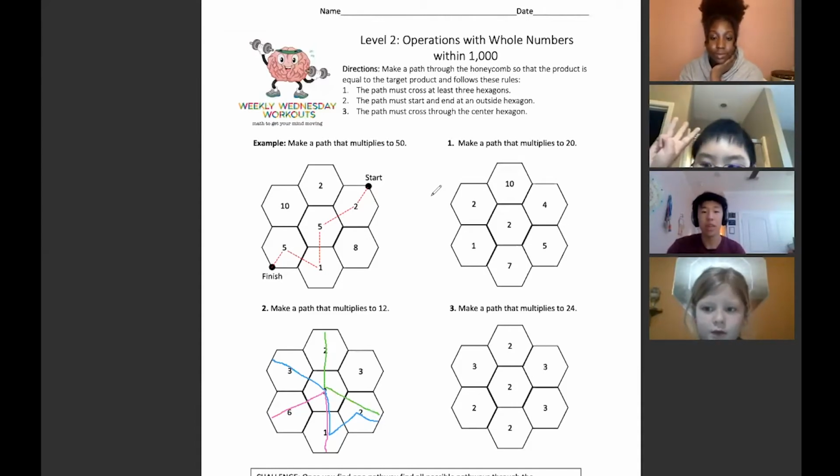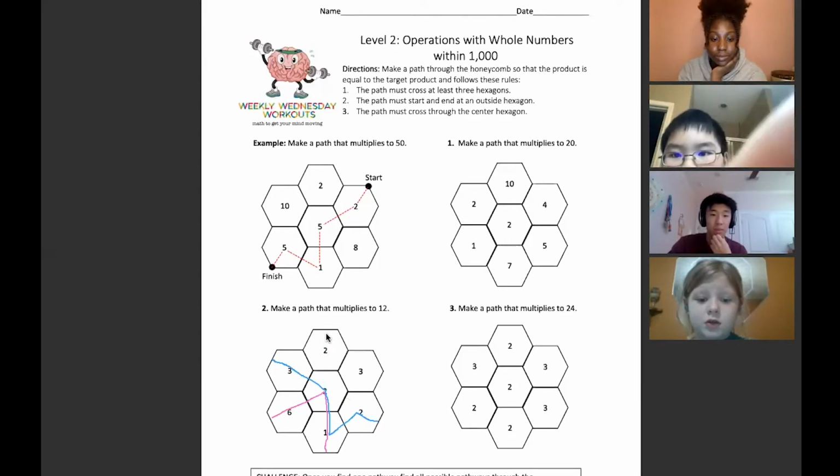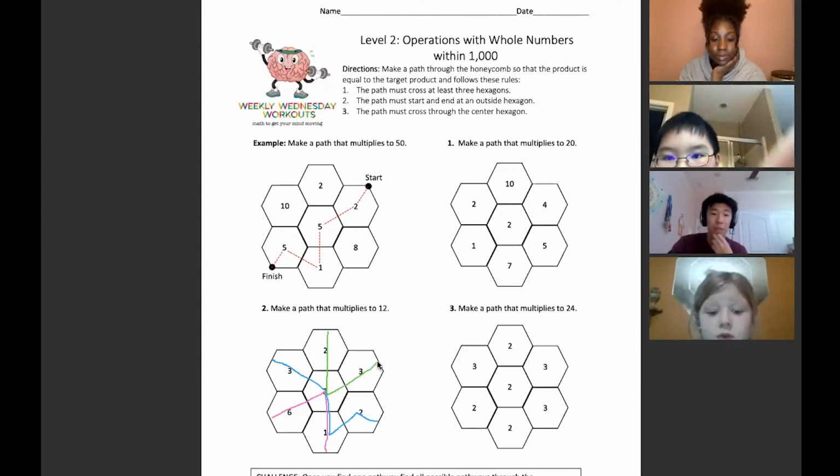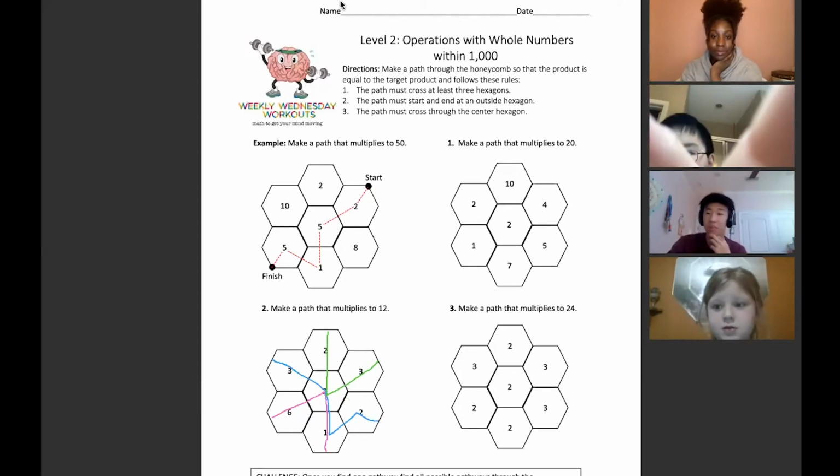So is there a way that we can readjust that path to make sure it equals 12? 2, 2, and 3. Perfect. That works. If you went back to 2, it would turn into 24. But the way that Naya's drawn it now, this actually works out perfectly. Good job, Pauline. Thank you.